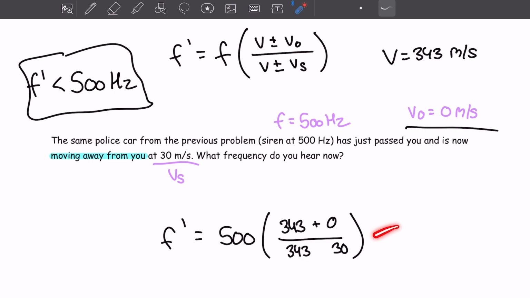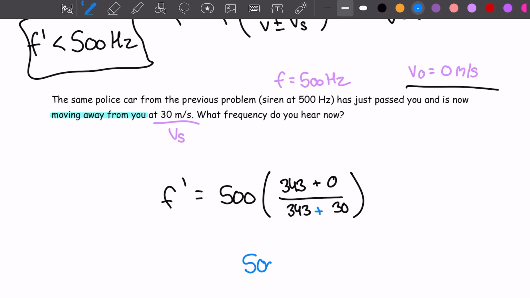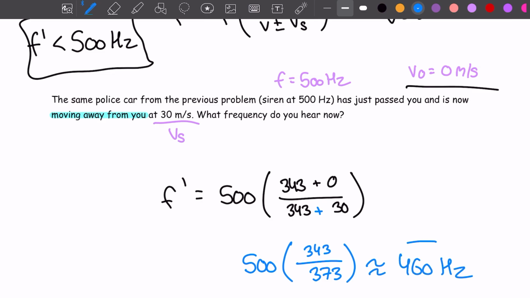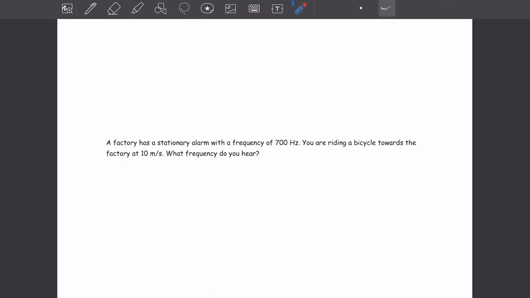And that means that our denominator has to be bigger than the numerator. So, instead of subtracting these, we're going to add them. We're left with 500 times 343 over 373. And we're going to get roughly 460 Hertz. Alright, let's move on to the next one.